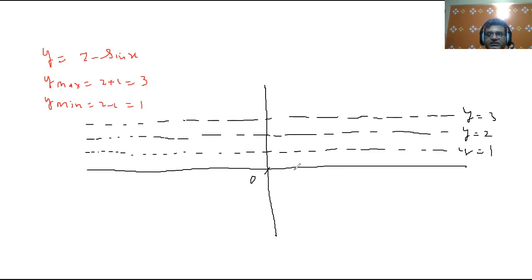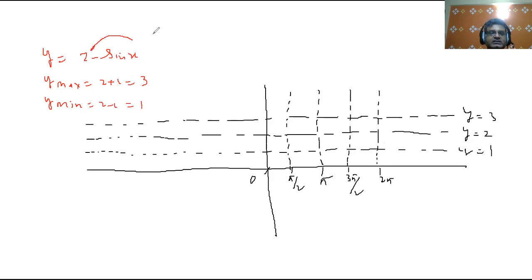So it is 0, pi by 2, pi, 3 pi by 2, 2 pi. Okay. Now the graph will be, you see, a minus of sin x.